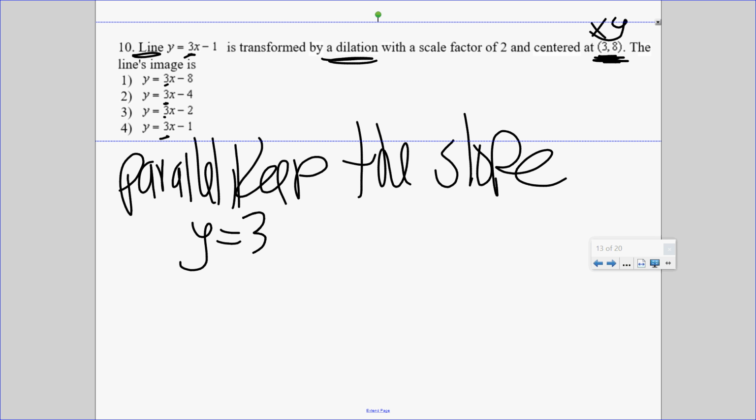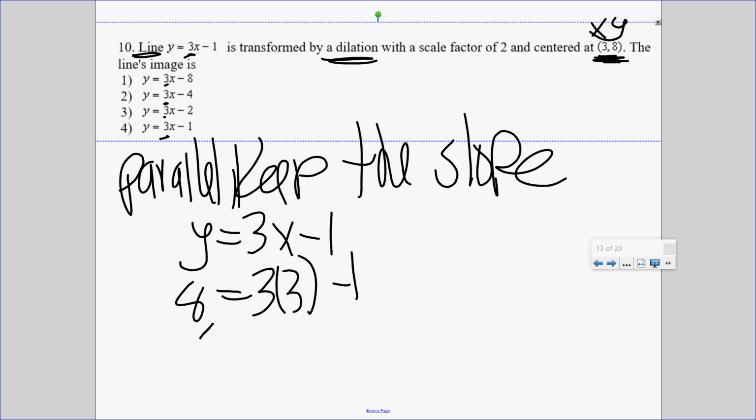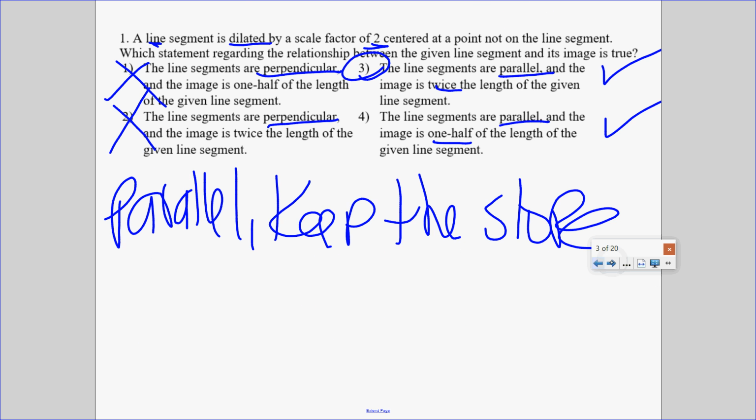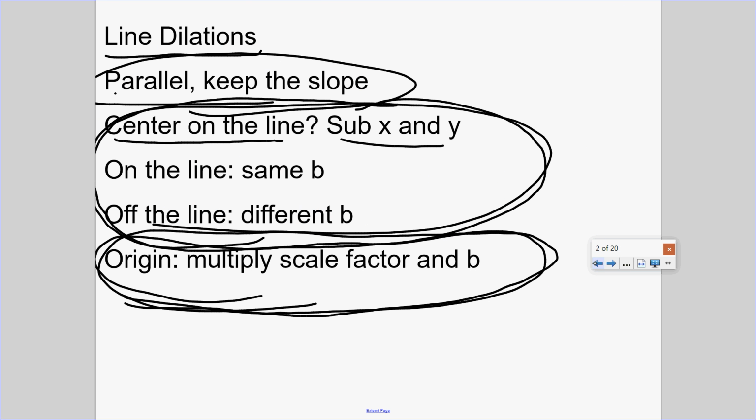I'm going to substitute the center, the x and the y, into the equation. It works out. On the line, same b. It is right here.